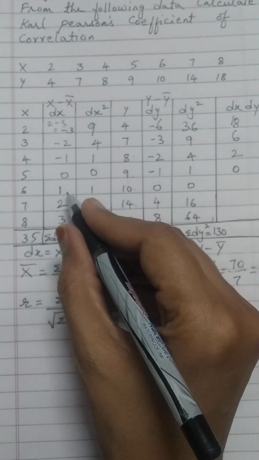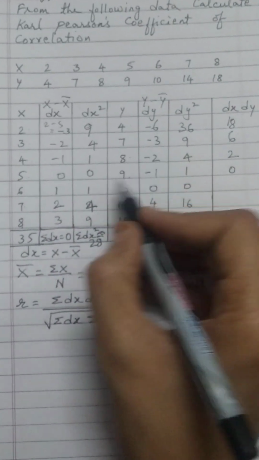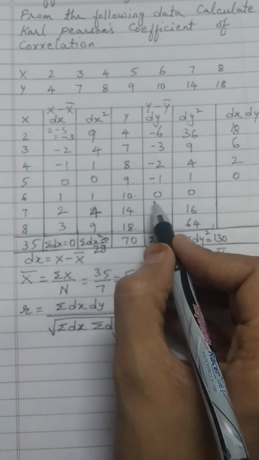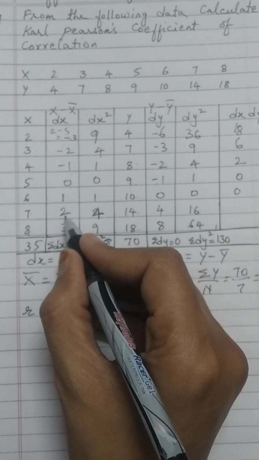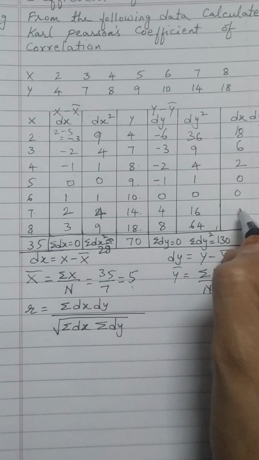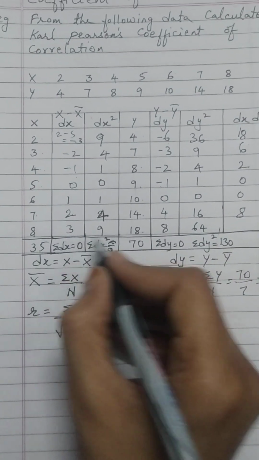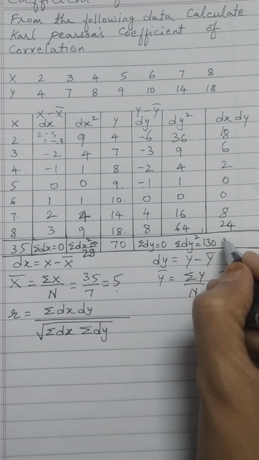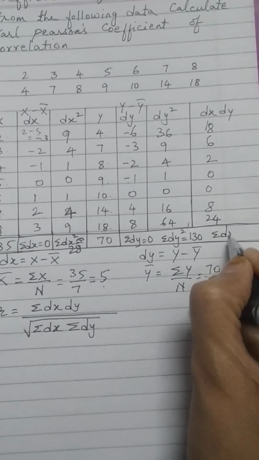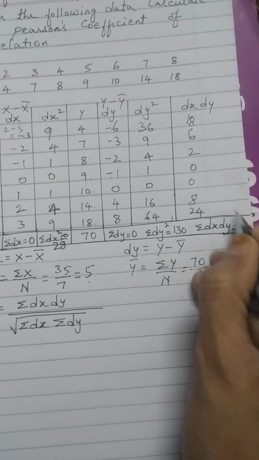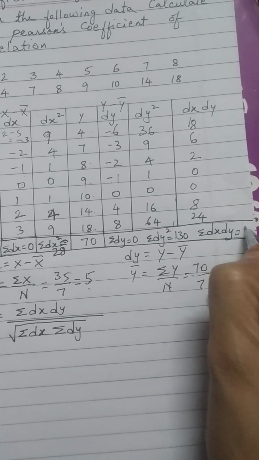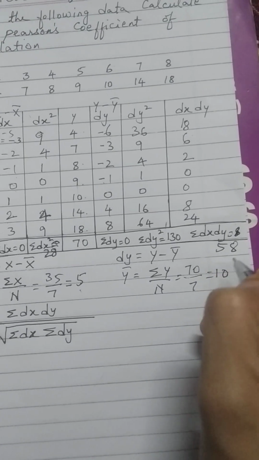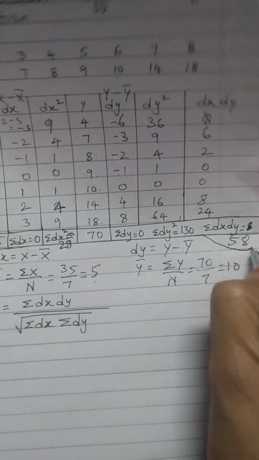Then 0 into minus 1 is 0. 1 into 0 is 0. Then 2 into 4 is 8. And 3 into 8 is 24. I will write summation of dx dy is equal to, when I add all this, 58. In big numbers I am writing here 58 for summation of dx dy.